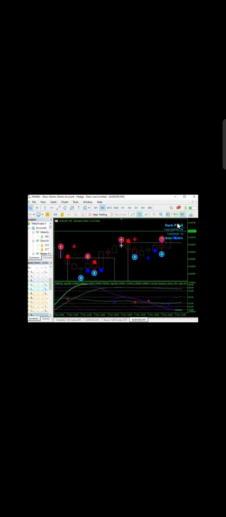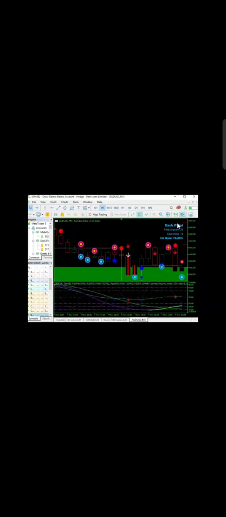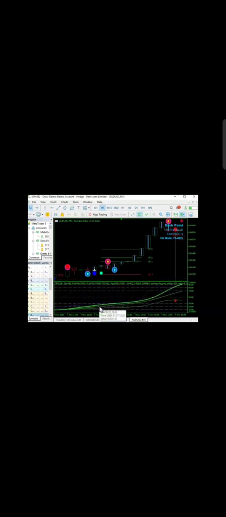All these are today on AUD USD. All these are today, 7th of November 2024. You can see them again when they intersect here. Look at the buy trend. Can you see it? So it also works on currency pair.